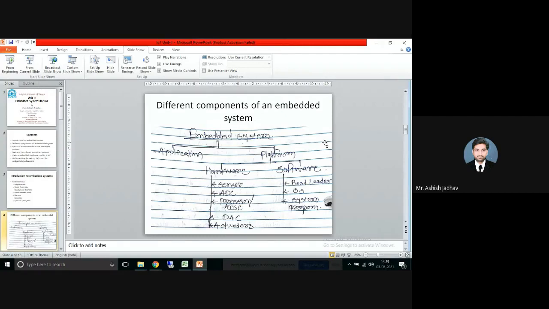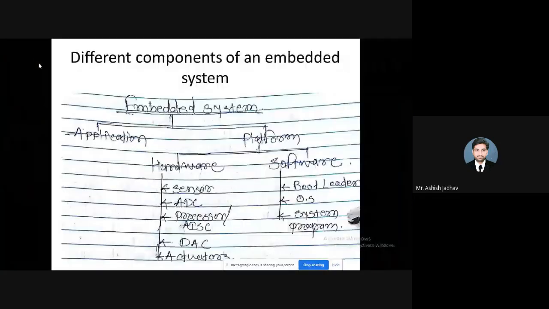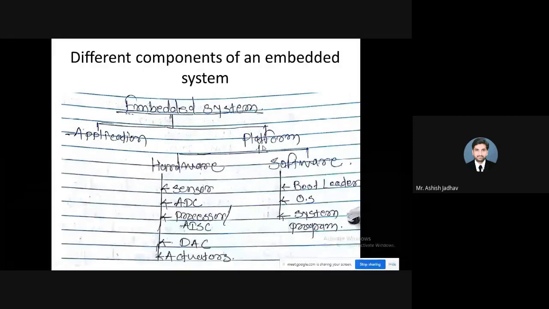So whatever tree diagram is shown here is nothing but a component of IoT itself, because embedded system is the first component of IoT.